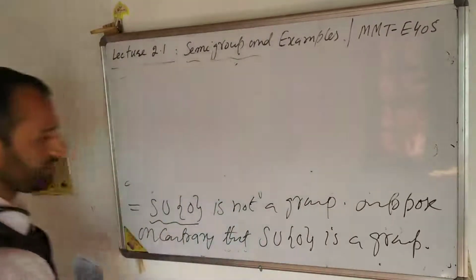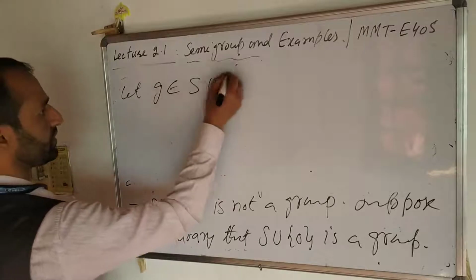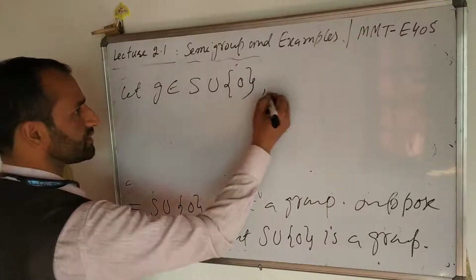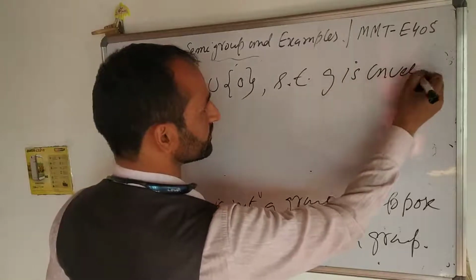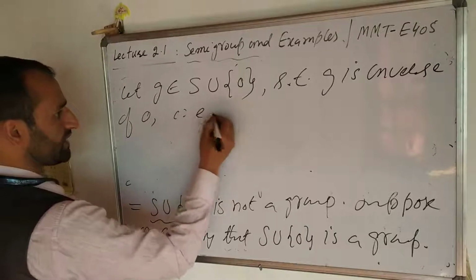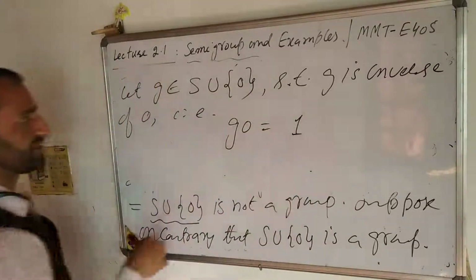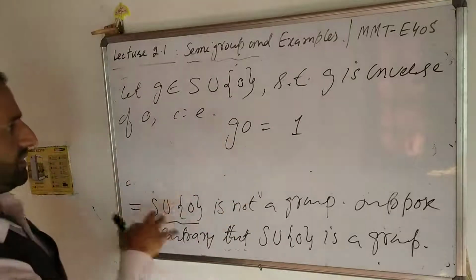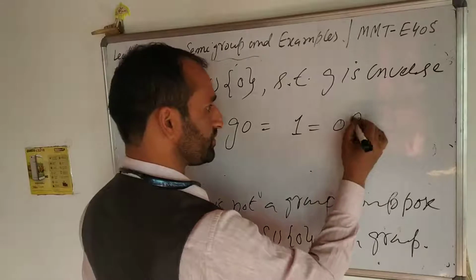And let g be the inverse of 0, g belonging to S union 0, such that g is the inverse of 0. That is, g times 0 is equal to 1, because 1 is the identity of the group, which is equal to 0 times g.